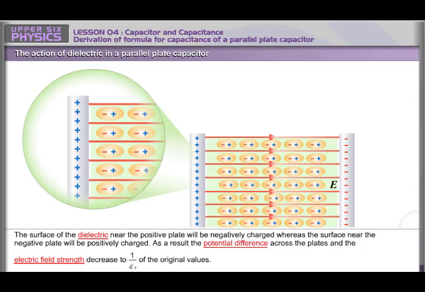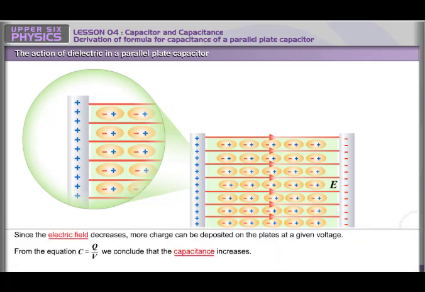The surface of the dielectric near the positive plate will be negatively charged, whereas the surface near the negative plate will be positively charged. As a result, the potential difference across the plates and the electric field strength decrease to 1 over epsilon r of the original values.